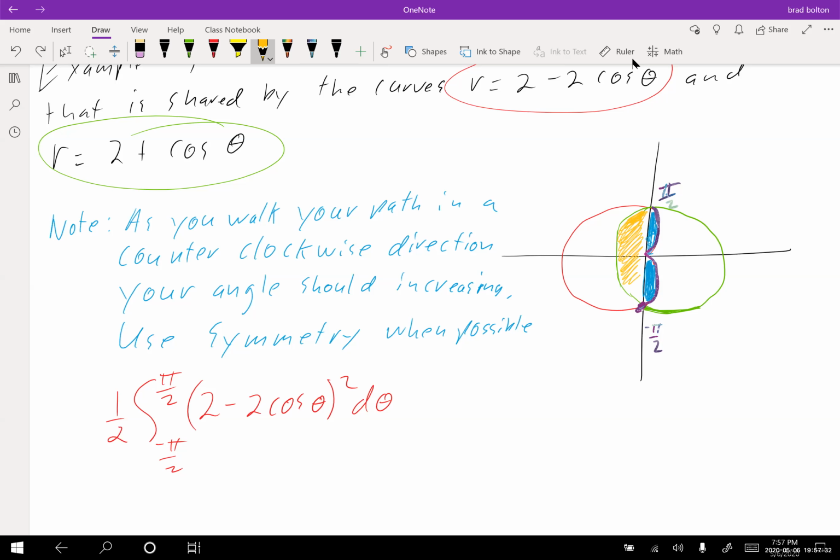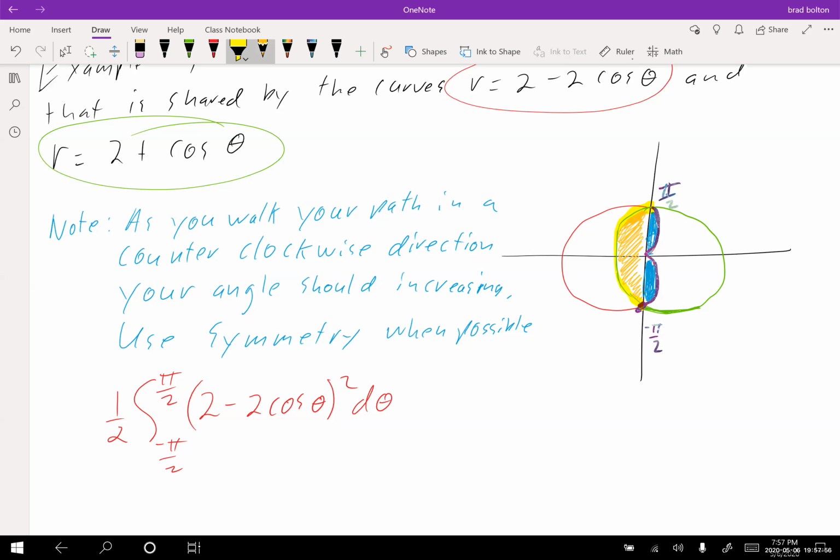Now, where does that area start for the green? Well, once again, we have to walk. We're going to start here, and we're going to walk this way. So what is that calculation? And notice we're switching curves now. We went from the red curve and now we're switching to the green curve.